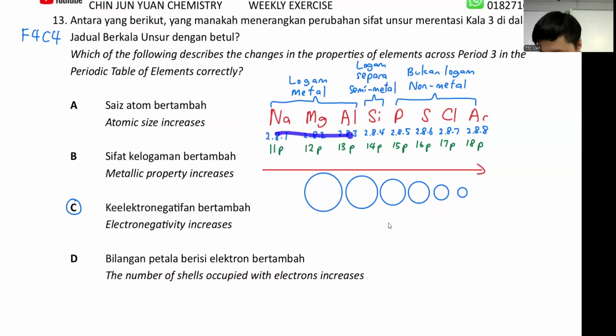Until chlorine, very easy to attract electron. Because why? The number of protons inside the nucleus increases. Of course, 17 protons is easier to attract electron compared to 11 protons. 17 protons is more powerful, more positive charge.